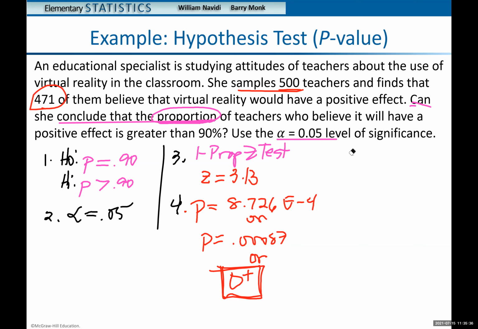The reason I'm not going to give you points, and you're going to lose a lot of points, is if you do not move it to the left, because for your step 5, if you use that 8.726, definitely that's greater than your alpha.